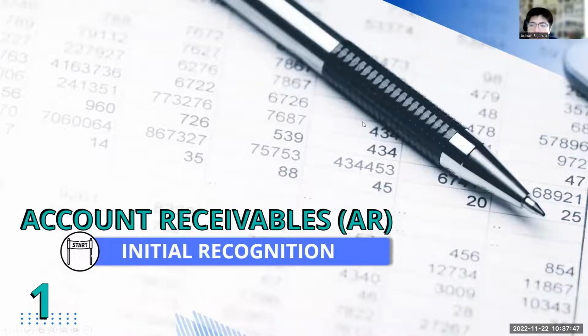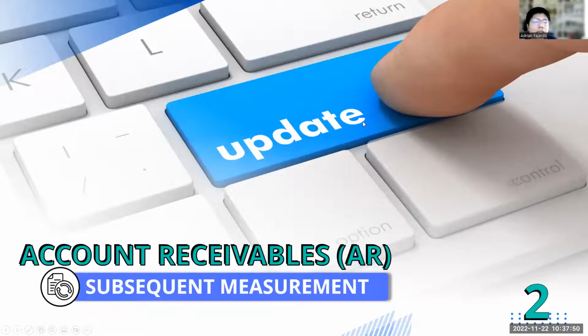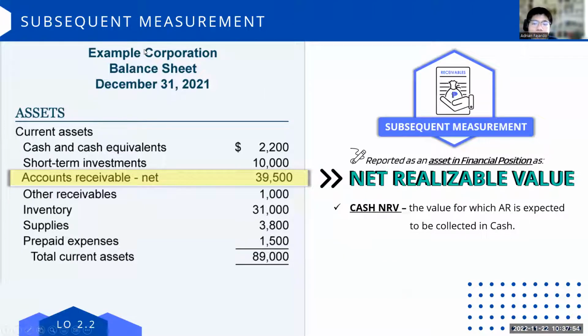The next thing that we want to discuss would be subsequent measurement. So now, we can look at a sample balance sheet. If you look at the asset portion, you have accounts receivable, where there's this word called net.